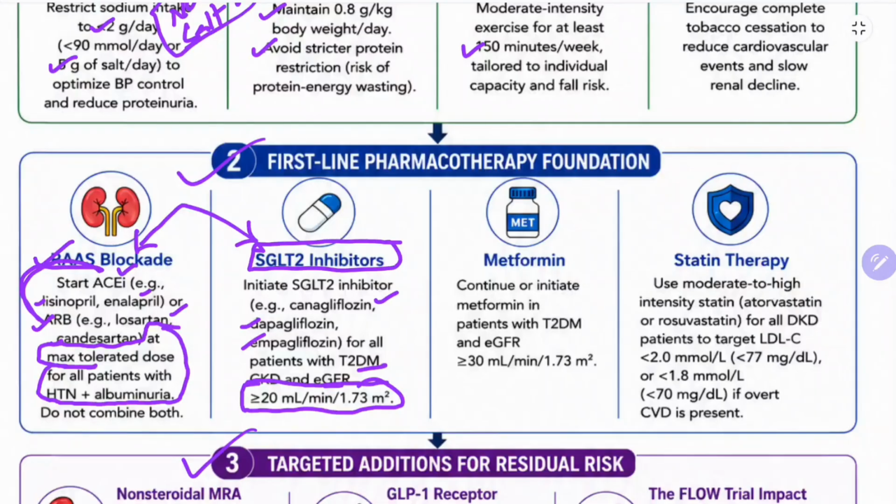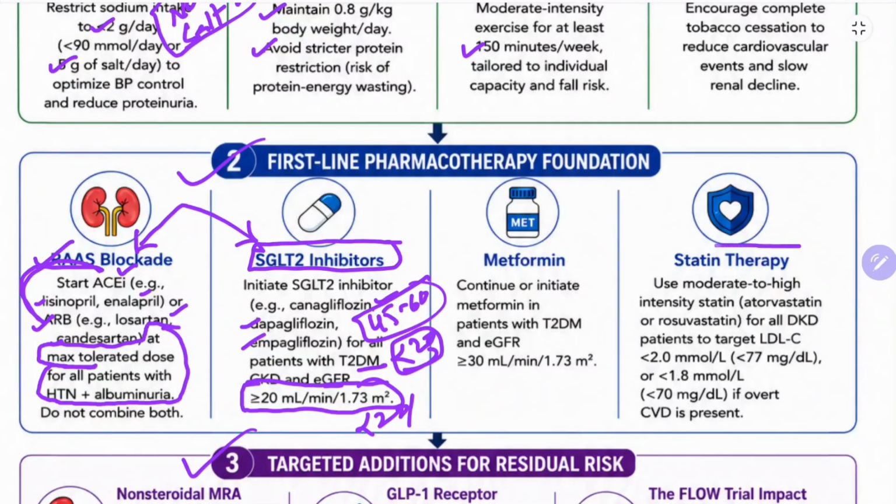Suppose you have started SGLT2 inhibitors initially, when the eGFR is between 45 to 60, and now the patient is having eGFR less than 20, then you should not stop SGLT2 inhibitors. You should continue the SGLT2 inhibitors whenever the patient tolerates. But if you are starting the SGLT2 inhibitors, then if the patient has less than 20, you should not start, and more than 20 you should start. That is how you should start the SGLT2 inhibitors.